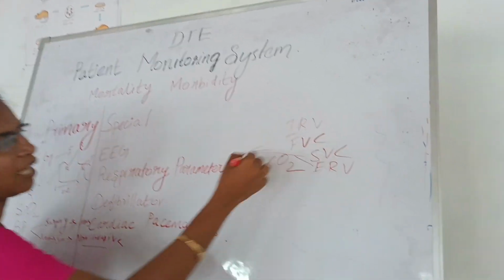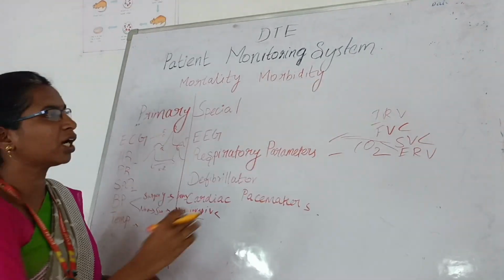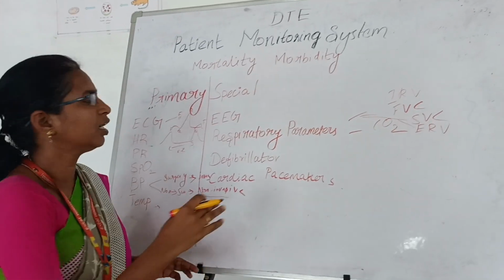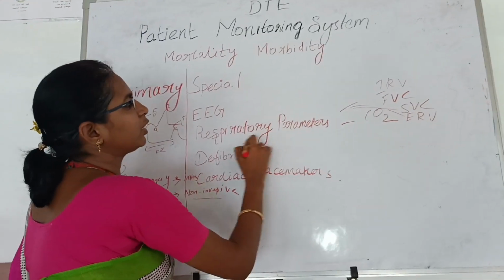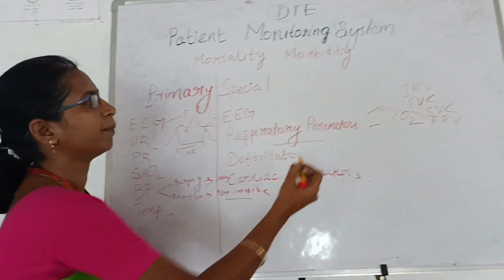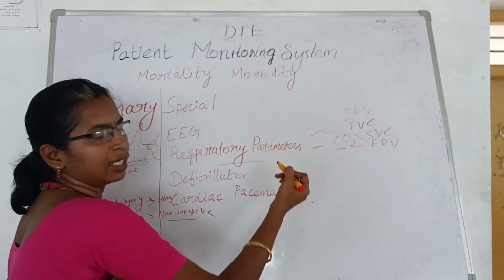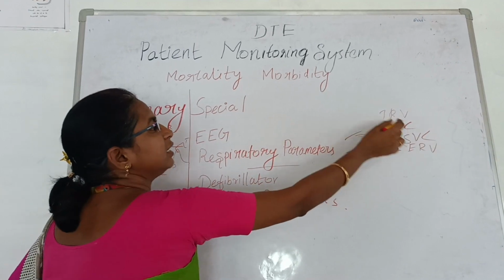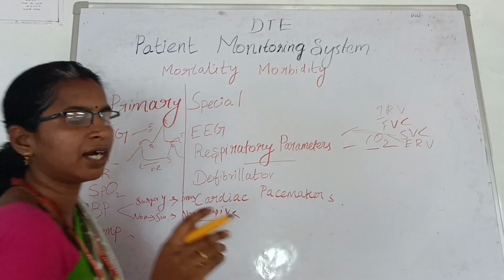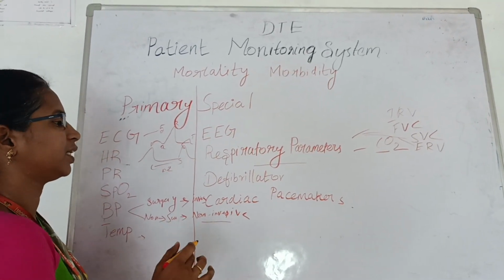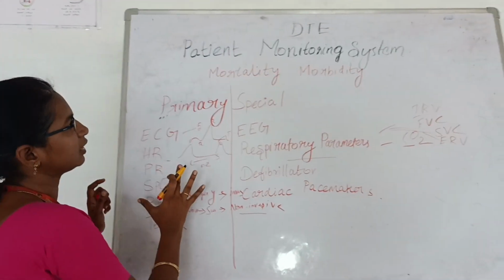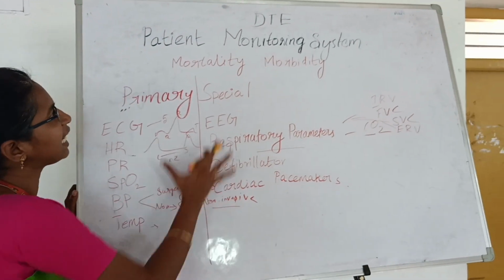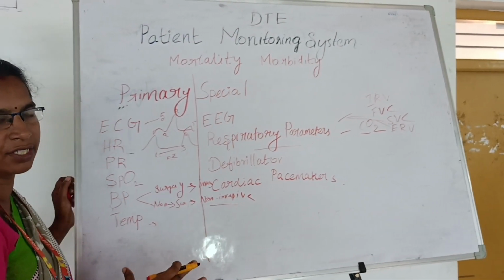From these values measured, along with calculation, they will find out the total lung function. So mainly CO2 will be displayed directly, and the remaining things will be calculated based on particular time intervals. Okay, so these are the main cases in the patient monitoring system.